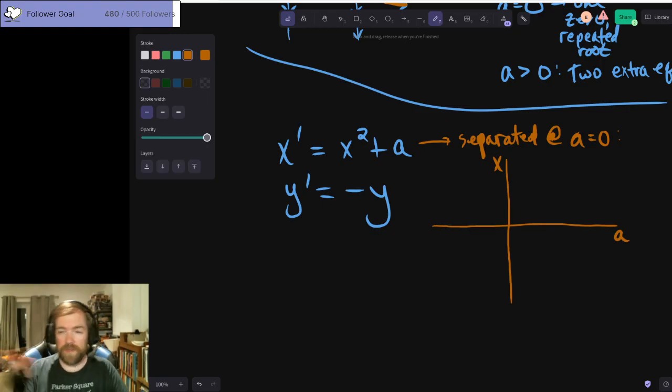Right, so if we separate them individually and just say what's happening with x versus a, as we did in the previous one, what are we going to get for it?